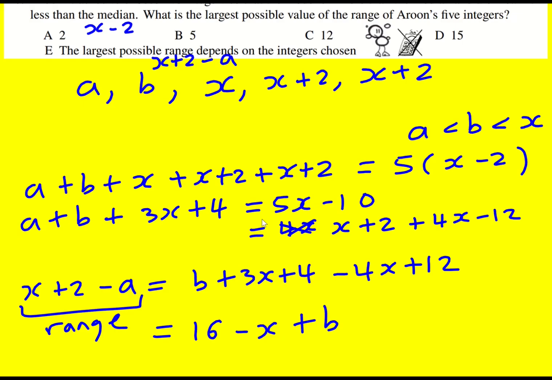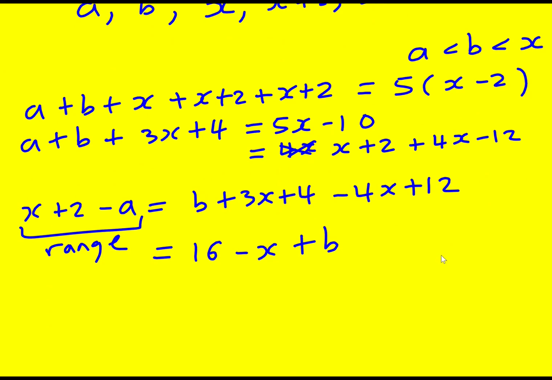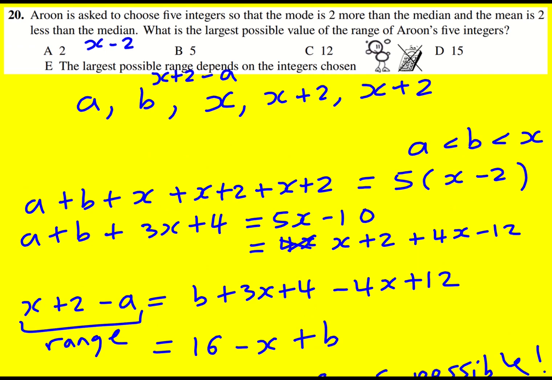Now I want to make the range as large as possible. So how can I do that? I need to make b as large as possible, because I'm adding b to it. But remember, b is less than x.